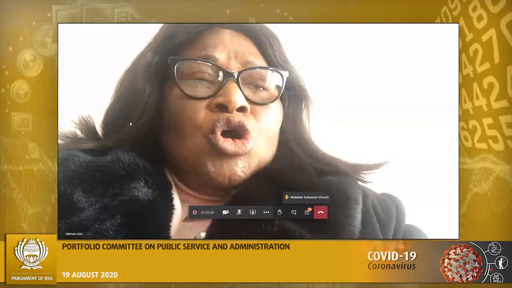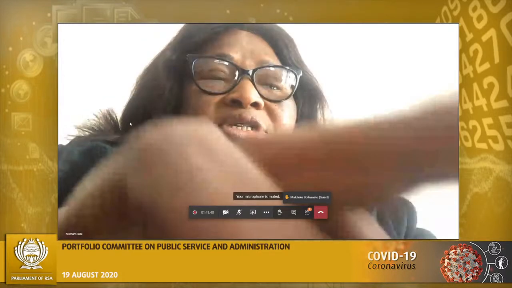Honorable Chair, as I'm still going through my notes, my next one will be in terms of slide 5, the department has indicated that a decision was taken to put the country on lockdown was attributed to the arrest of the pandemic, flatten the curve, and to improve the capacity of the health system.